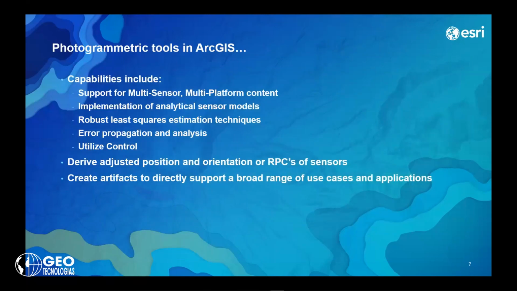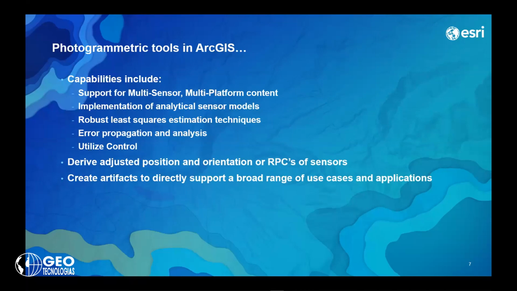So when you look at what the generic capabilities are of that collection of tools in ArcGIS, we design them to support multiple kinds of sensors. As I mentioned, it could be a satellite multispectral scanner. It could be a digital aerial camera. It could be a drone-based small format camera. It can even be a handheld tablet or phone.